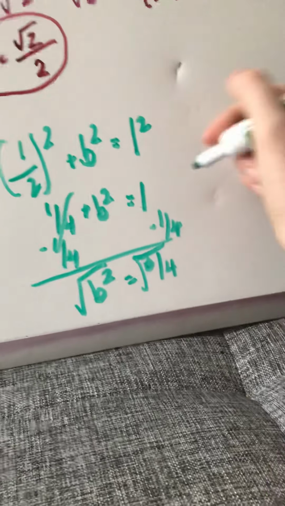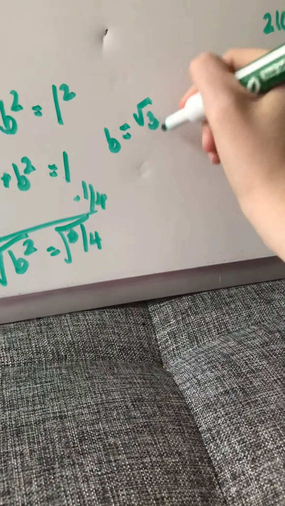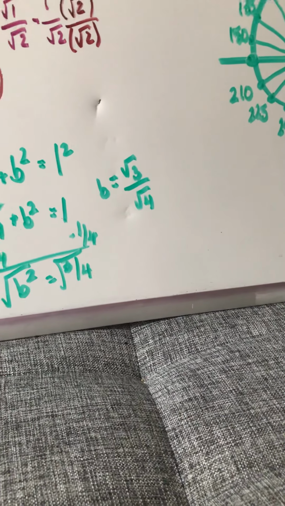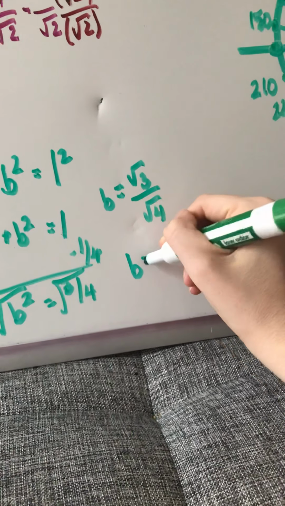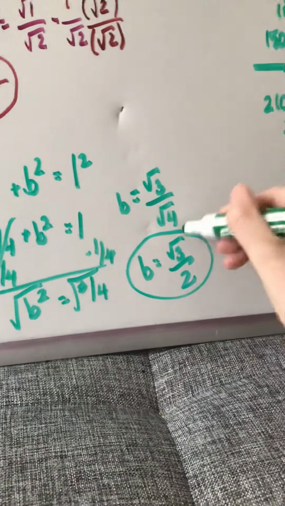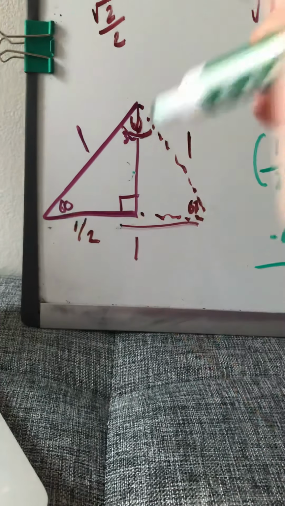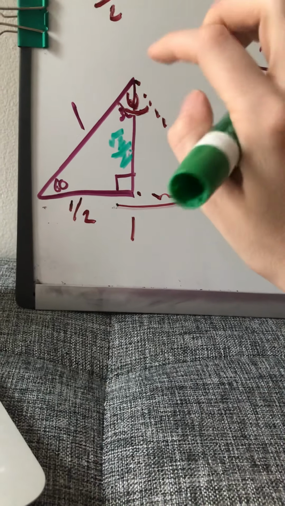So I can rewrite this as b is equal to square root of 3 over square root of 4. Or if I really want to express this in simplest form, I can write that as b equals square root of 3 over 2. And that's the measure of this side here. So I have the square root of 3 over 2.